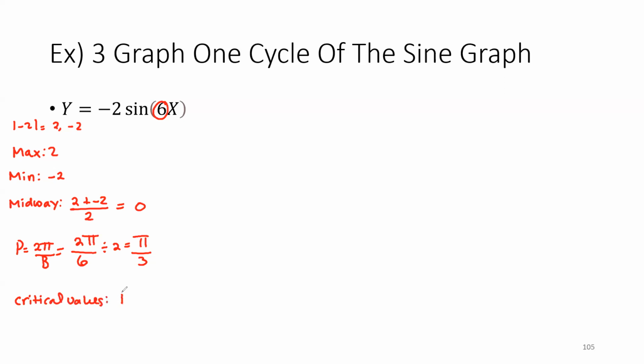So it's just the period over 4. So our period is pi over 3 divided by 4. So we have a complex fraction. So you can rewrite this as pi over 3 divided by 4 over 1. Okay, cross multiply. So that is pi over 12. Okay, so that is good.